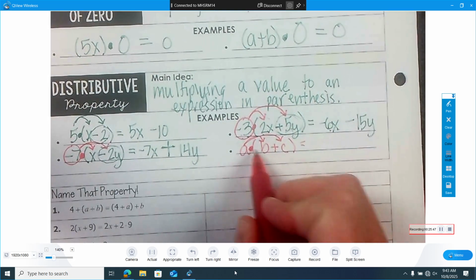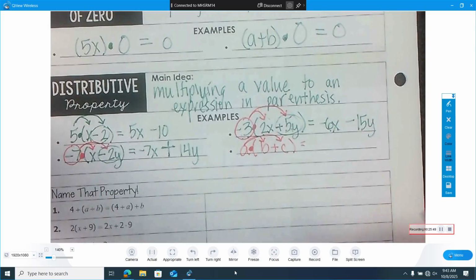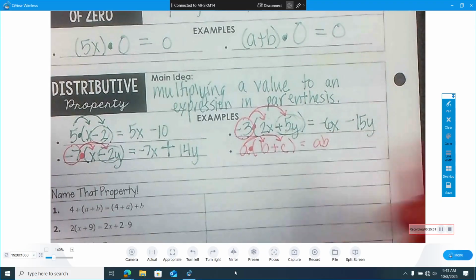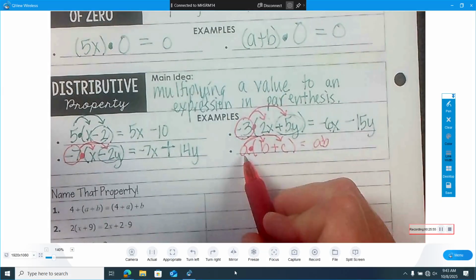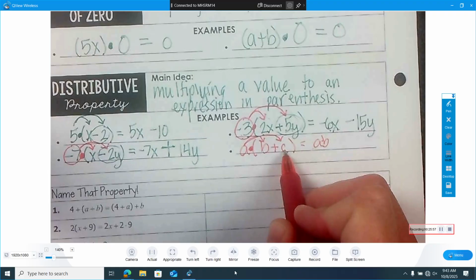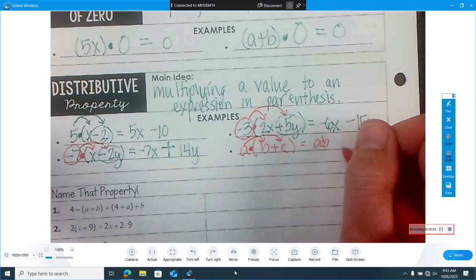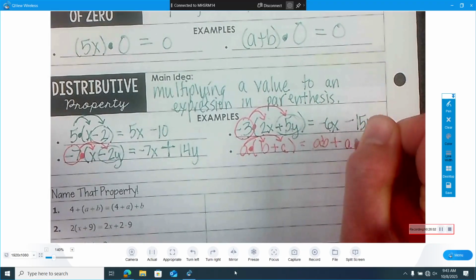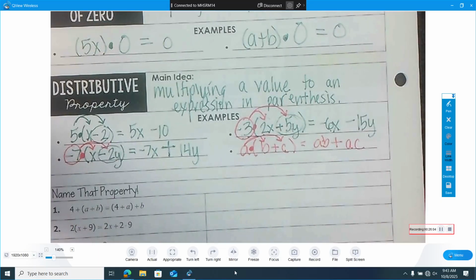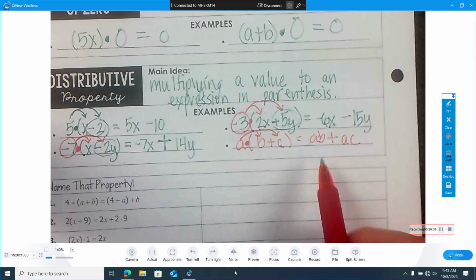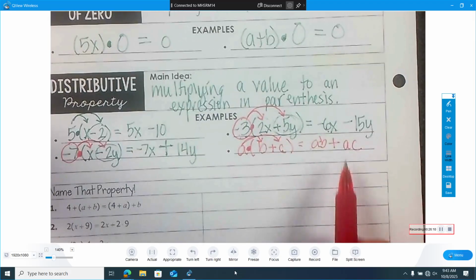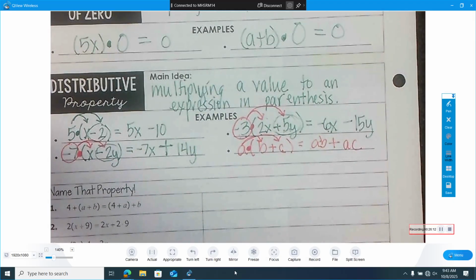So this is A times B. How do I write that in math? AB. That's it. When they're right next to each other, there's a times in there. And then we have A times the positive C. AC. A positive AC. And so this is how we normally see this property. When we see something like that, you got to know that that was the distributive property that we were doing there. Okay?